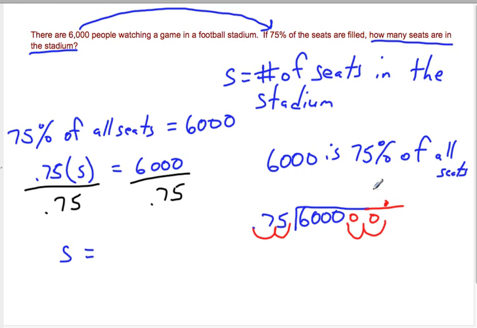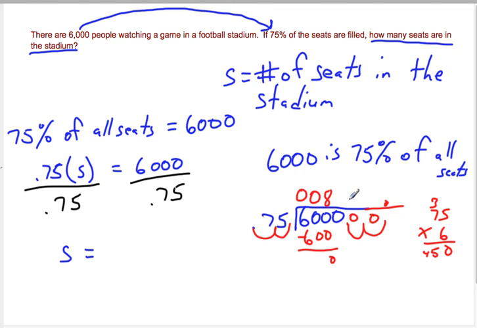And again, I think this is not going to be very hard at all. 75 does not go into 6 or 60. It goes into 600, I think 6 times. Let's check that. 75 times 6 is 450. No, I was wrong. Okay, so I think it's 8 times. Yeah, so it's going to be 8 times. All right, so 8. And then we're going to get no remainder.